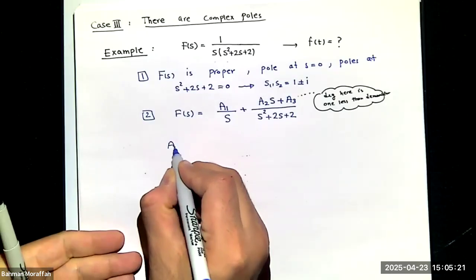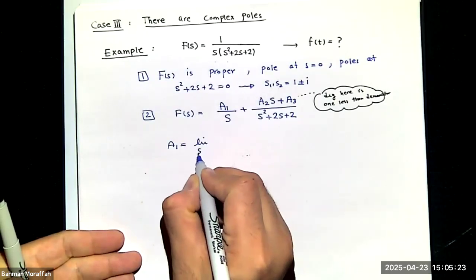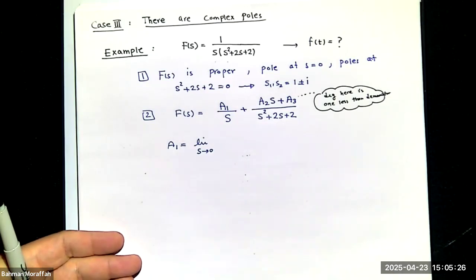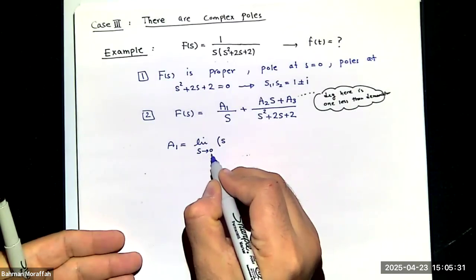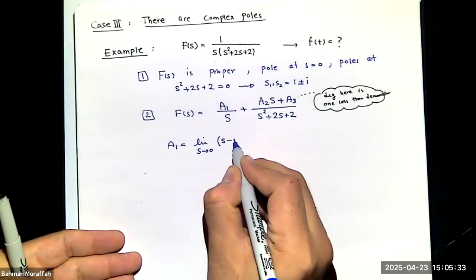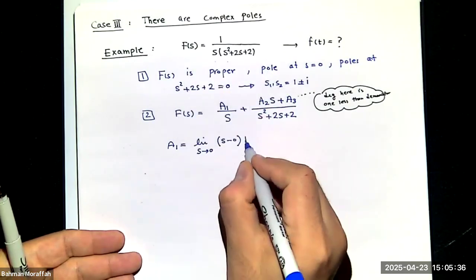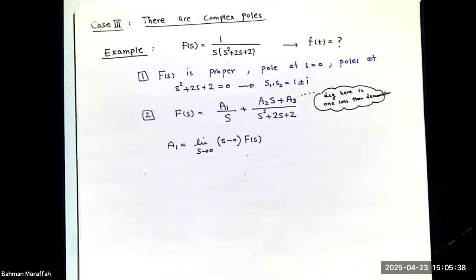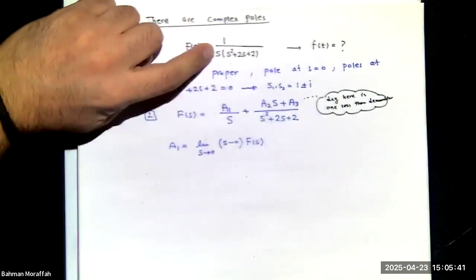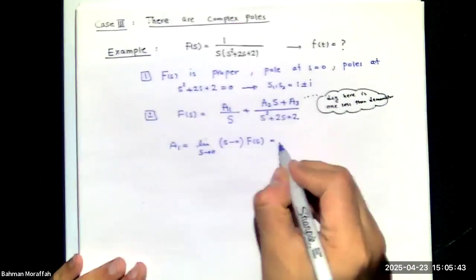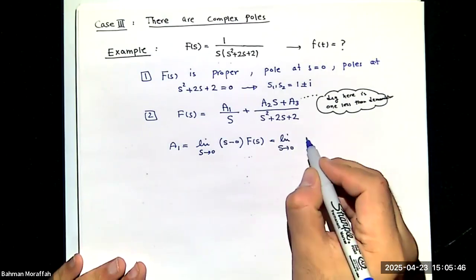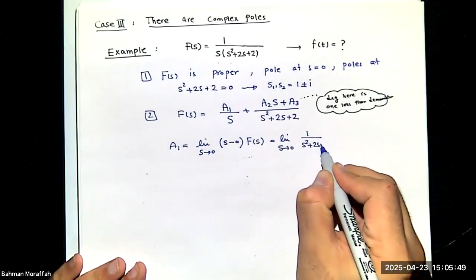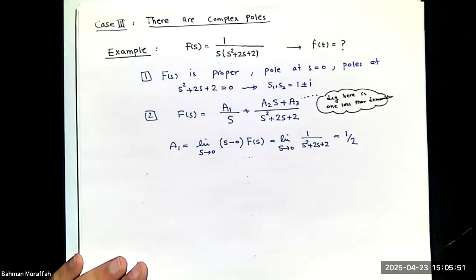A1 is the limit of s approaching the pole, which is 0, of (s minus the pole, which is 0) times F(s). If I do that, this s and this s cancel each other out. So I have the limit as s goes to 0 of 1 over (s squared plus 2s plus 2), which is 1 half. So this is the easy one.